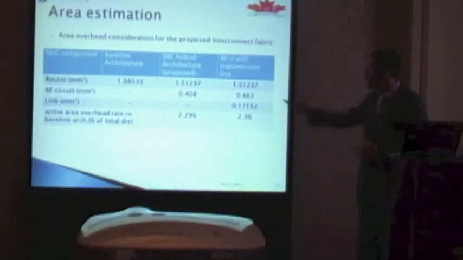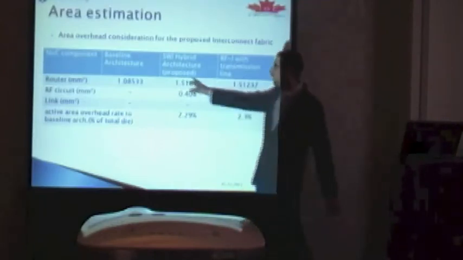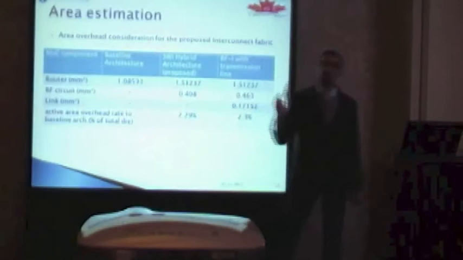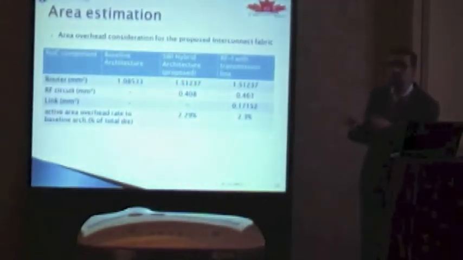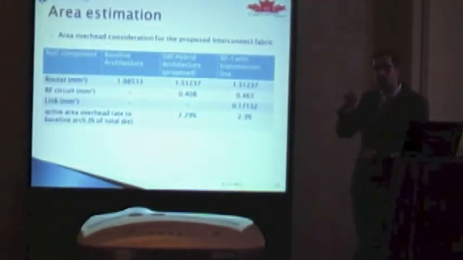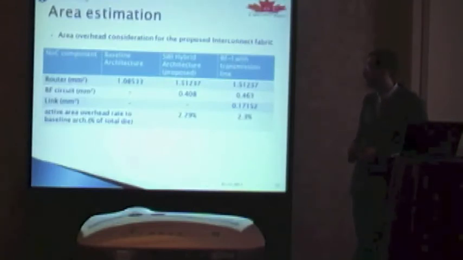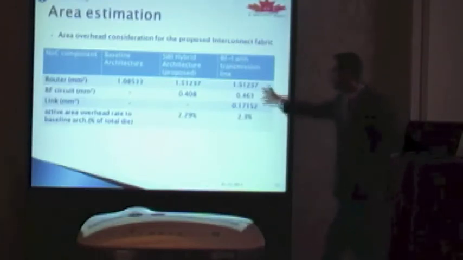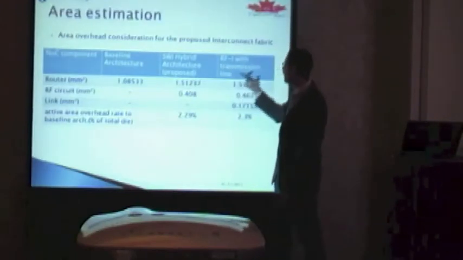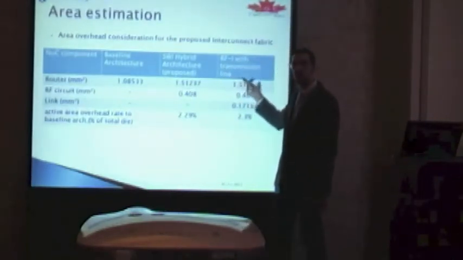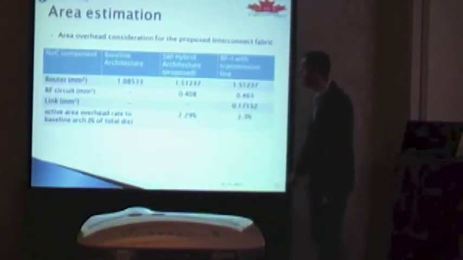And we use them to calculate the extra area for the sixth port. As you know, we have 4 ports for the 4 directions in each router, and a 5th for the local, and now we have the 6th for the second layer of our architecture, which is the same here with the radio frequency transmission line based model, the same area.